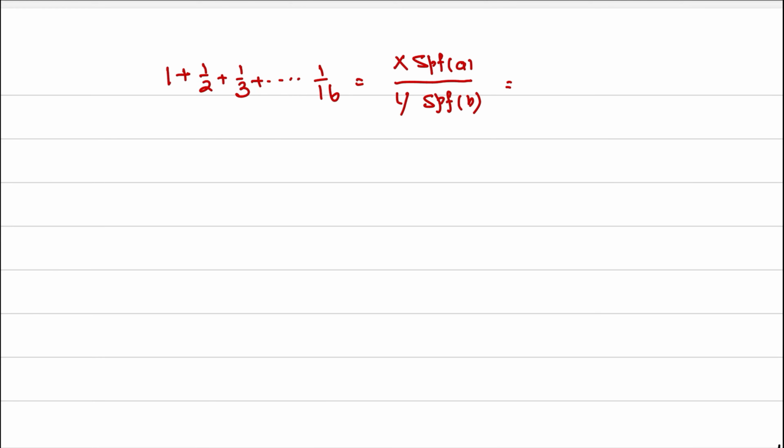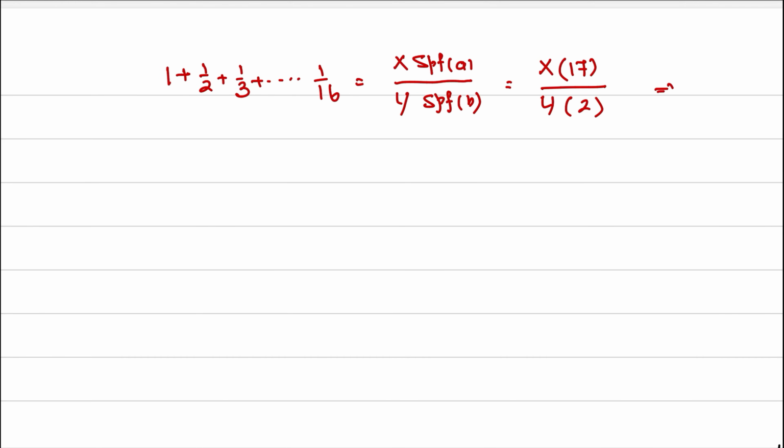Then what is the given question? 1 plus 1 by 2 plus 1 by 3 plus up to 1 by 16 can be written as some capital X into smallest prime factor of A divided by some capital Y into smallest prime factor of B. This is equal to some X into smallest prime factor of A is 17 and some Y into smallest prime factor of B is 2.